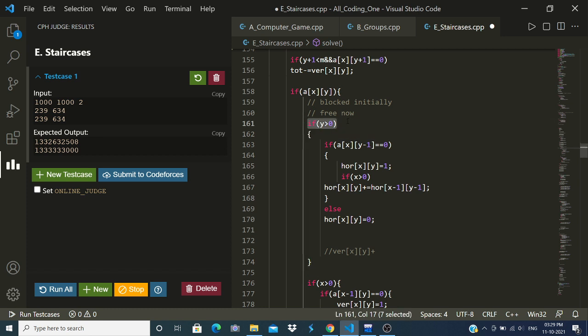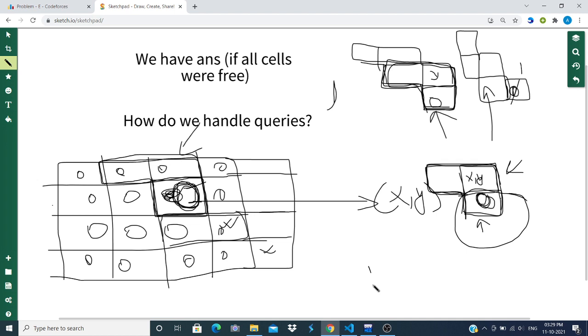So I check if y is greater than 0, and the cell adjacent to it on the left has value 0. If it is 1, after changing it will become 0.